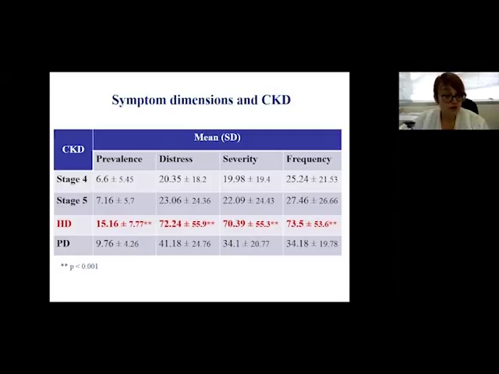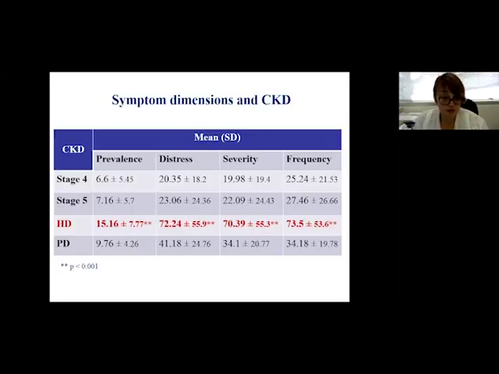But the thing that I've got in red is the hemodialysis patients. If you look at the prevalence of symptoms, it is more than double those who are not on dialysis, and it is certainly 50% larger than those who receive PD. Looking at distress, symptoms are 3 or more times as distressing once you're on hemodialysis, and almost double the PD.